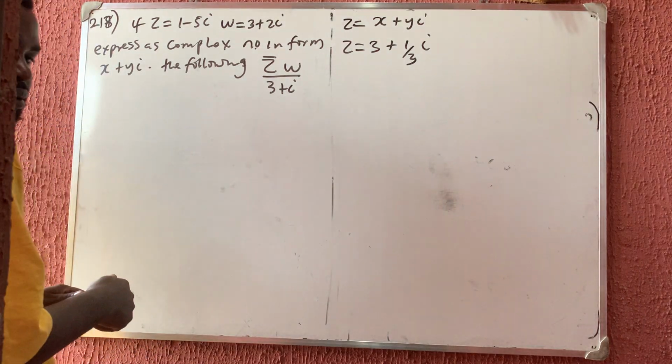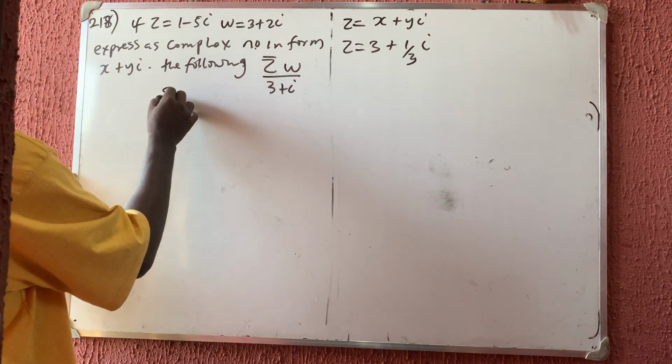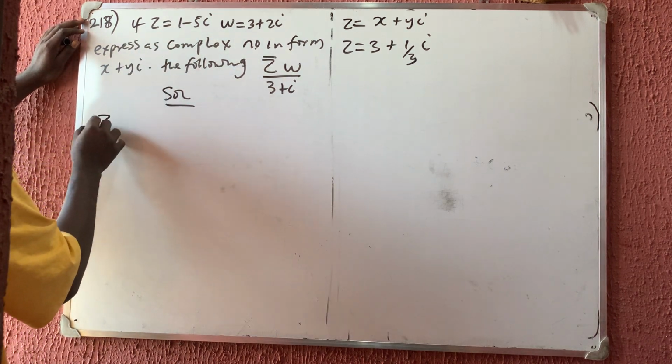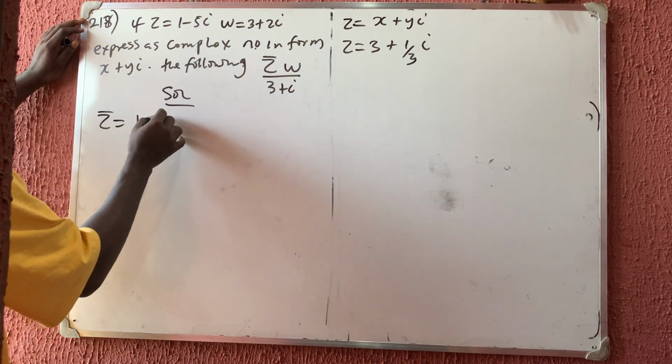Okay, solution. So my z bar is simply the opposite of this. So z bar is simply 1 plus 5i.